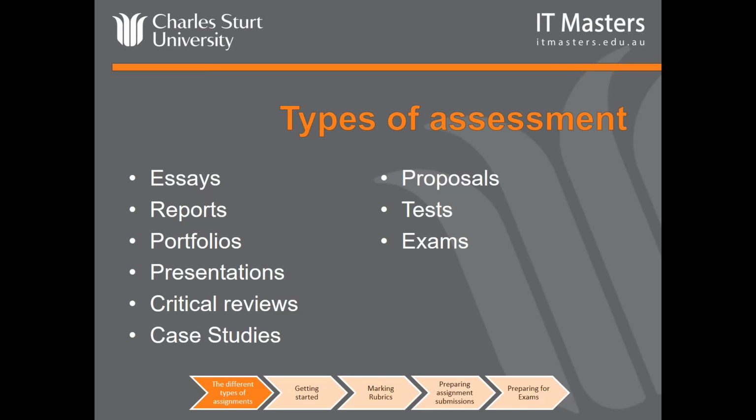Reports might be based on a problem or a case study. Essays are written for a lecturer or somebody knowledgeable in the field. Reports are often written for a person or an organisation. Both essays and reports use mostly formal English, and they should be objective. So no emotive language, no talking about what you think or your feelings on something.